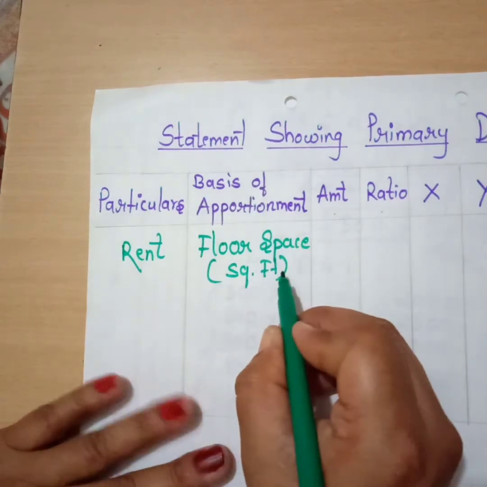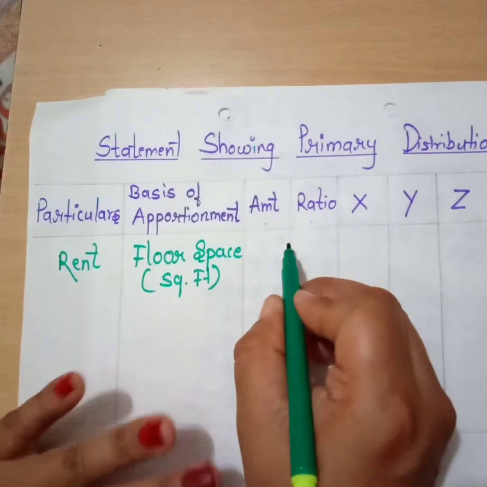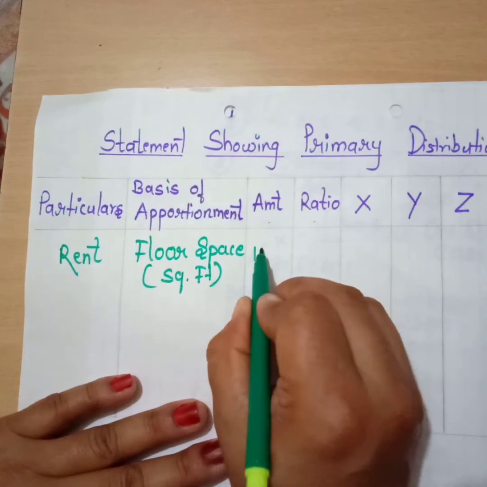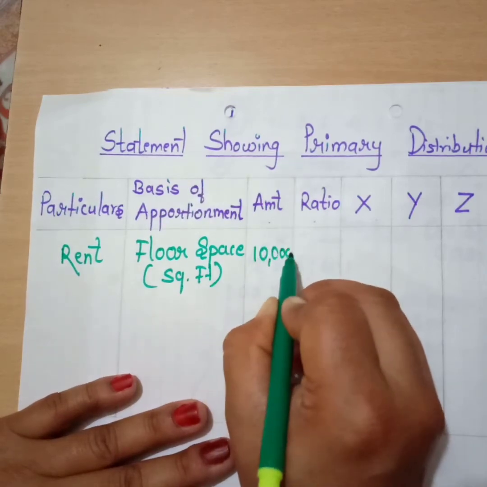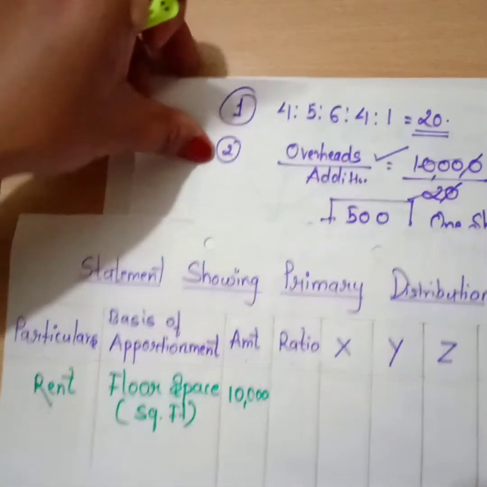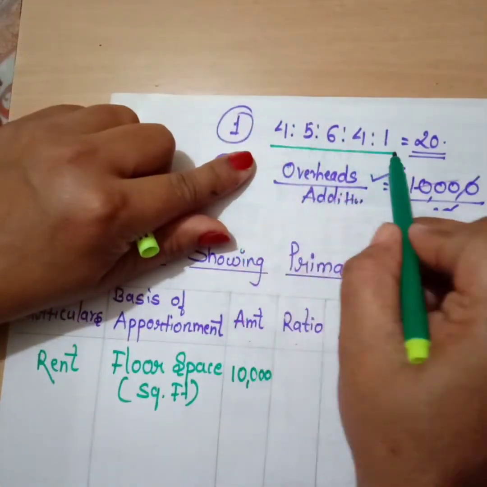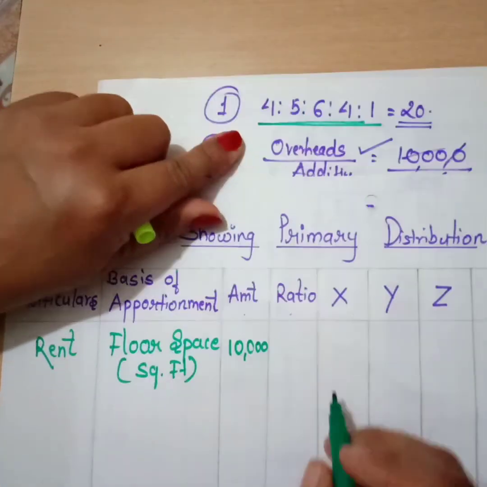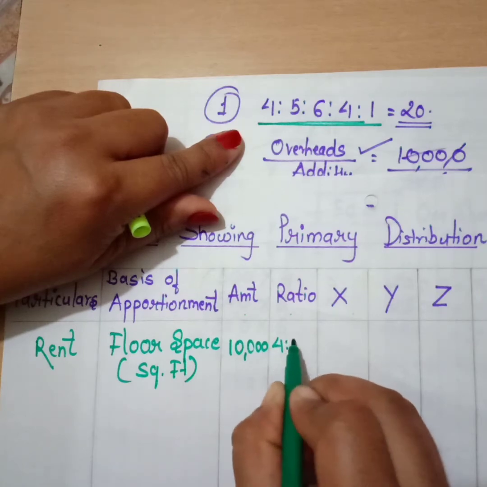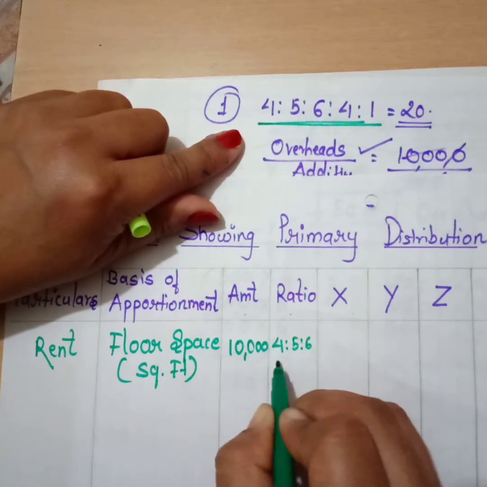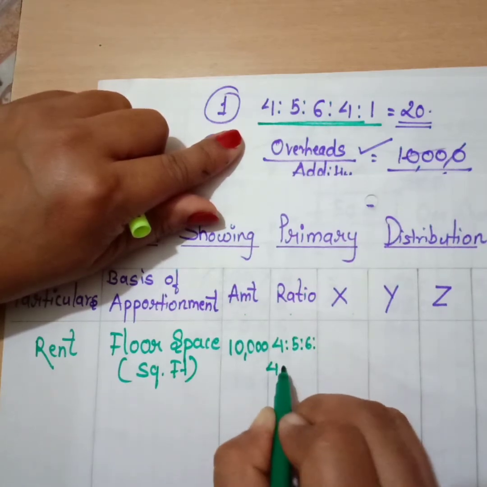Basis of apportionment will be floor space. What is the amount of your overhead? Amount of overhead is 10,000. What is your ratio, the ratio in which we distribute? Your ratio will be 4 is to 5 is to 6 is to 4 is to 1.